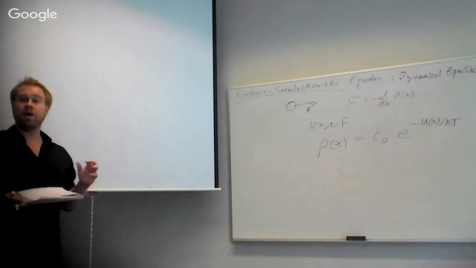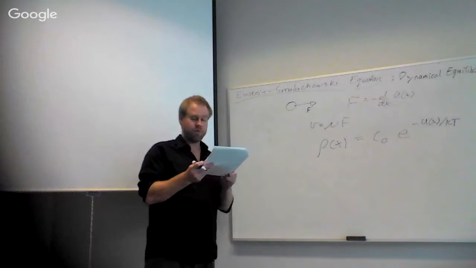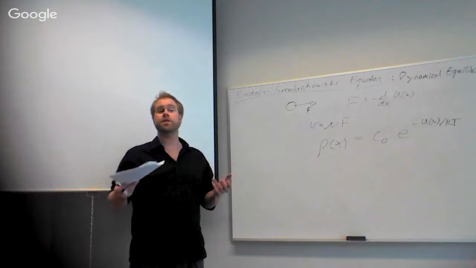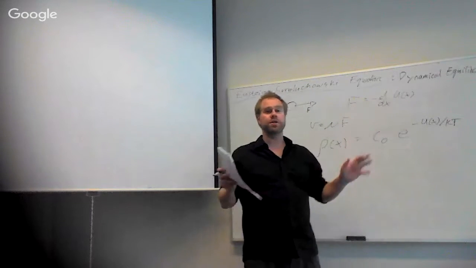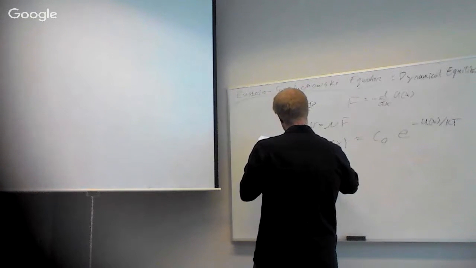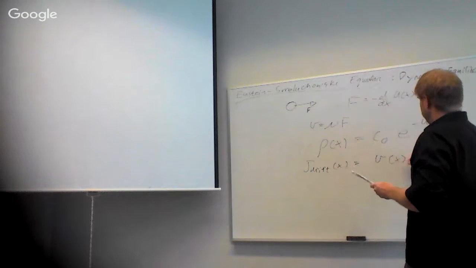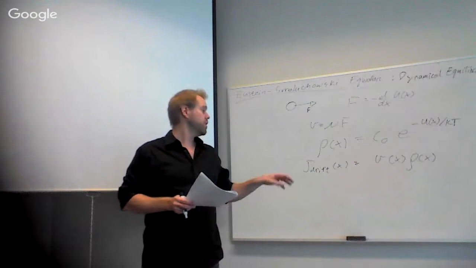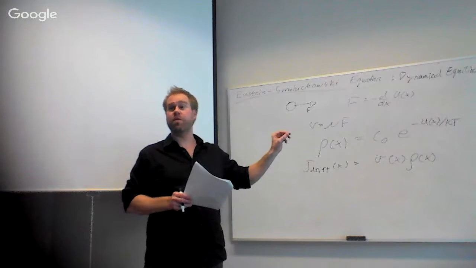And in fact, we have two currents in our system. The one current we have is the drift current of gravity pulling the particles down. I'm using the example of gravity, but this can actually be much more complicated than just being linear in whatever dimension. So that current, let's call it the drift current. What is that going to be equal to? Well, if we pick some point x, the drift current is going to be the velocity of the particles at x multiplied by the number of them at that position.